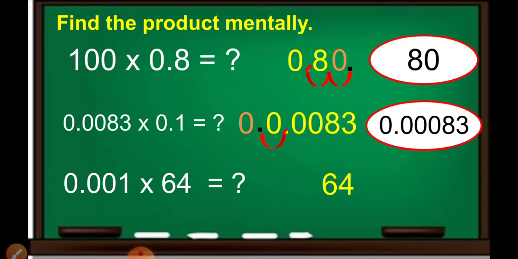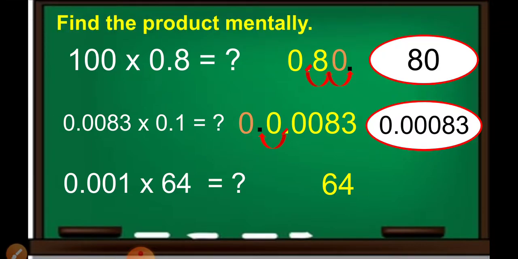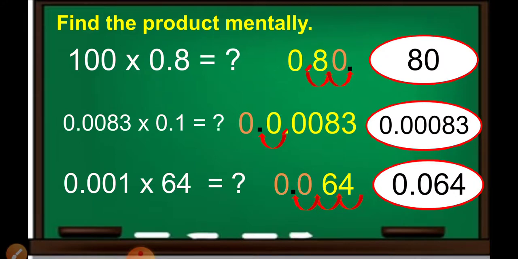It's at the right of the ones place. So let's move 1, 2, and 3. Then annex 0 and transfer the decimal point and put 0 in the ones place. And the final answer is 0.064 or 64 thousandths. So, any questions, class?